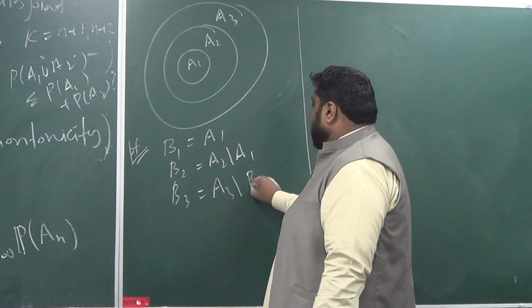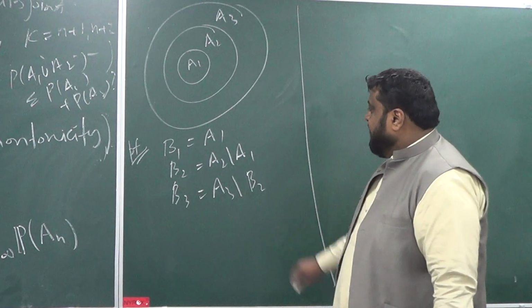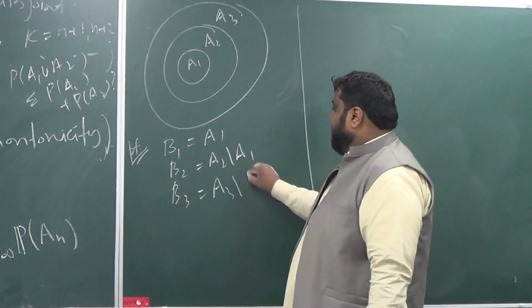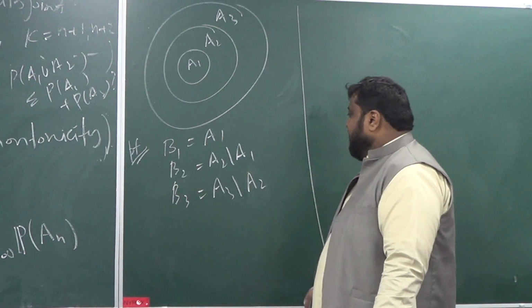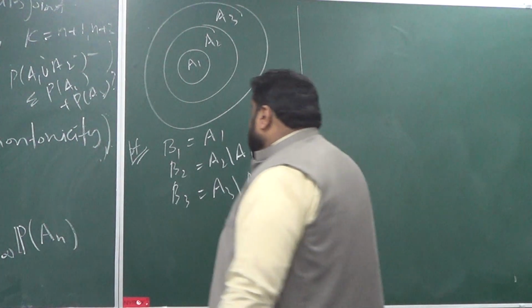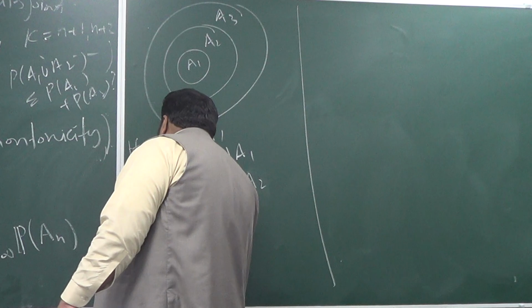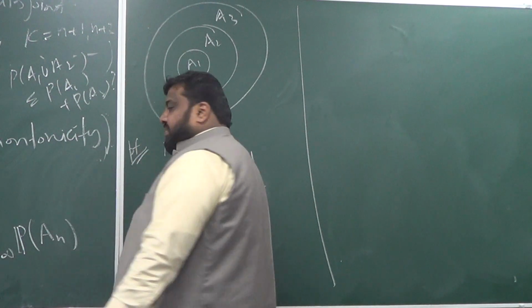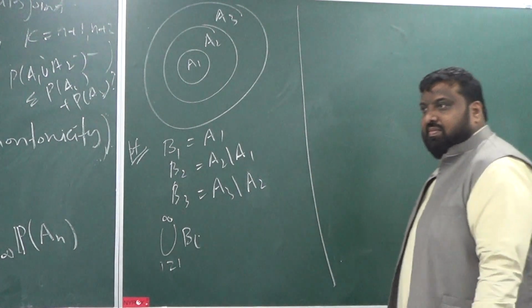A2 plus, and so on and so forth. And I'm saying that if I take the union of all these BI's, what I'm going to have? Same sets.